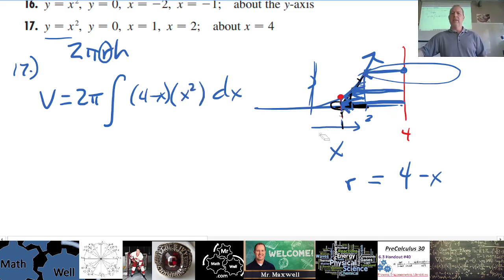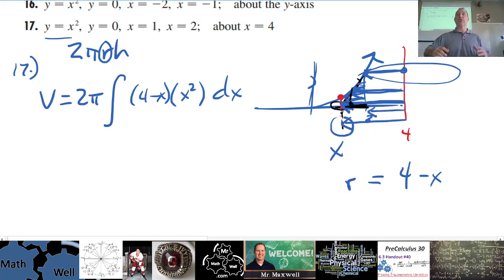Now, the final piece here is we need some x values to go on the limits of integration. So what do you think? Are we going to go from 1 to 2 again? Are we going to go to 4 somehow, or what? Remember, these are x values, and we're using x in our radius. So we want 4 minus 1 to be the largest radius, and then 4 minus 2 to be the smallest one.